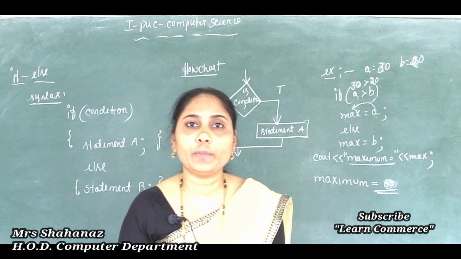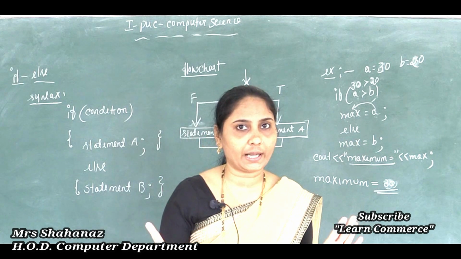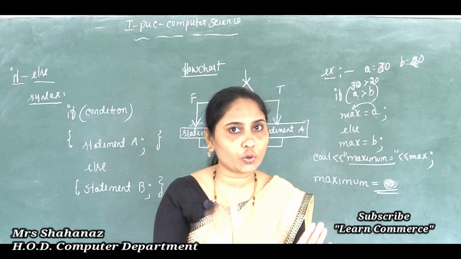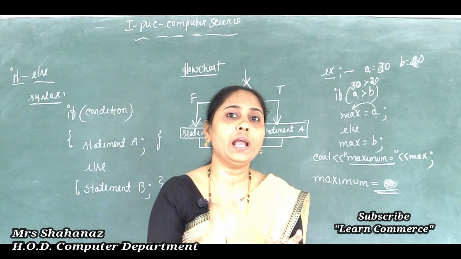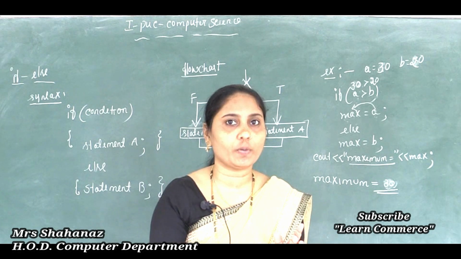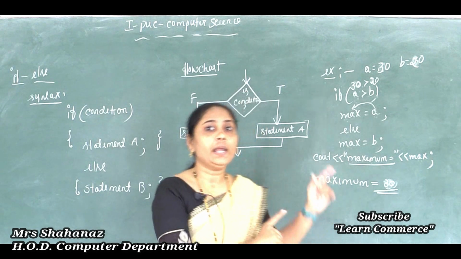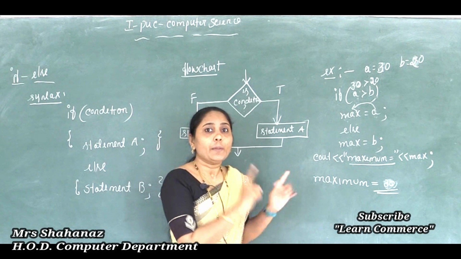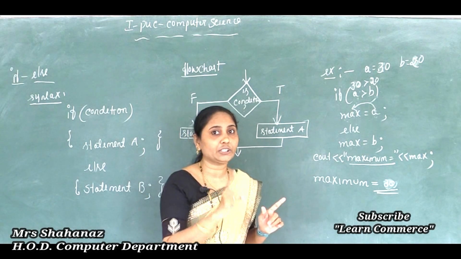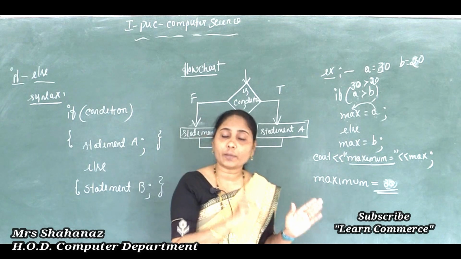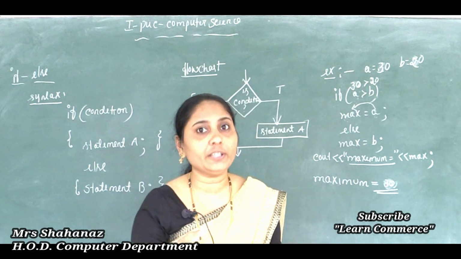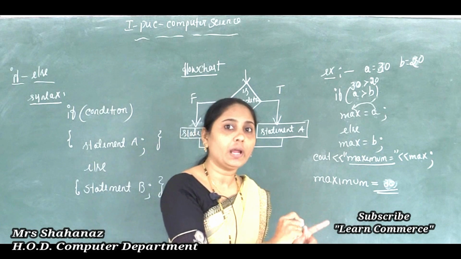That means here, in simple if, without any confusion, just only if the condition is true, then only the statement executes. So this is about our simple if. But if else, what does it say? Maybe any one of the conditions is going to execute here. So whether one set of statements should be executed or another.